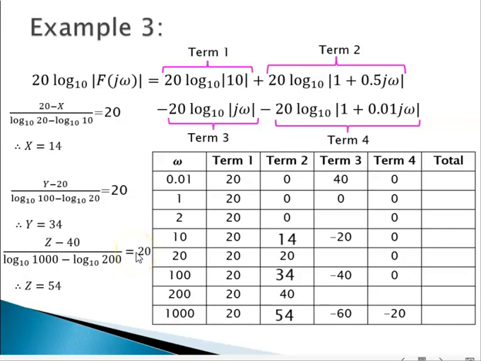And similarly, you write down equations for this. Term 3, you can do it very easily. 20 log omega. So corresponding to 2, you can write 20 log 2, 20 log 20, 20 log 200 or so. Or you can see its slope is minus 20 decibels per decade.